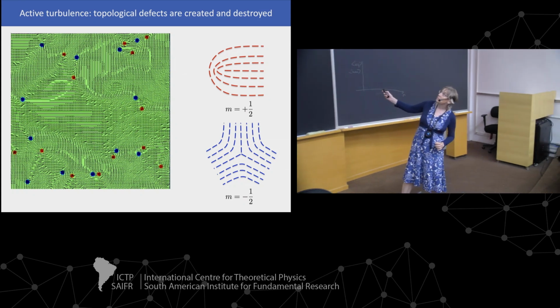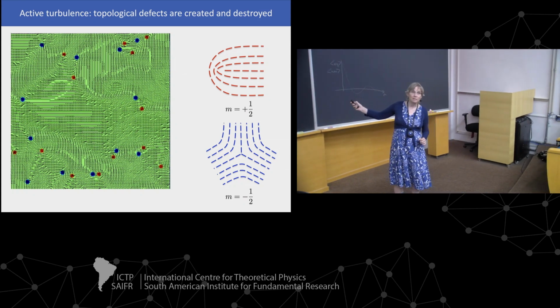This is the shape of a plus a half defect, yeah? It's pretty obvious that the director field is changing. It has gradients in direction. Gradients in direction give you forces. And so this thing, even if it didn't have a background flow, is going to move. If it's extensile, it moves in this direction. And if it's a contractile one, it moves in that direction.